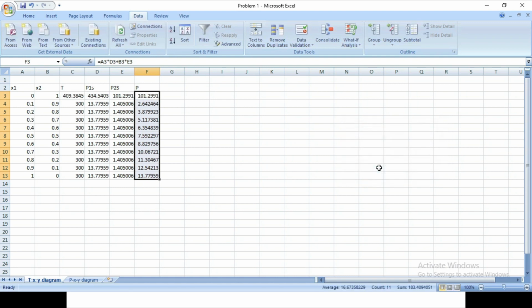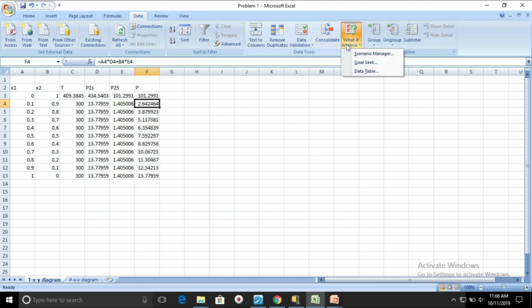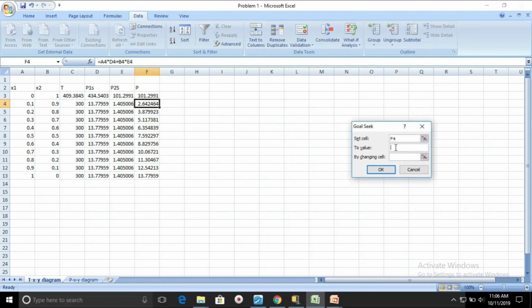Now we have calculated the corresponding temperature for this mole fraction. Similarly, I am going to do the same thing for the entire column: goal seek to the value of 101.3 kilopascal by changing the cell of T.